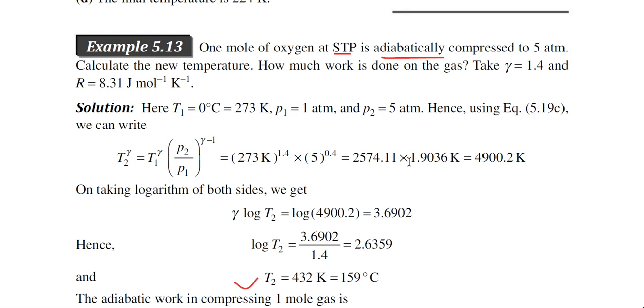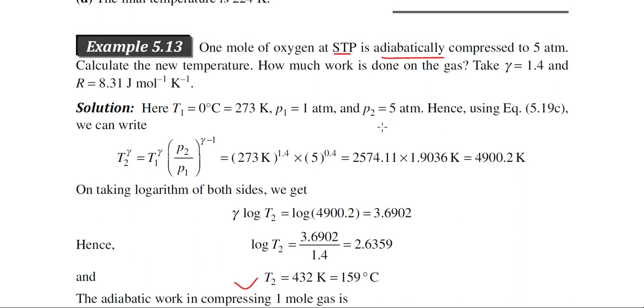You are compressing the gas, that is the first thing, and the second thing is that this process is adiabatic and the initial state was at STP. That means temperature is 0 degree centigrade or 273 Kelvin. Pressure was 1 atmosphere, but the final pressure is given, that is 5 atmosphere.